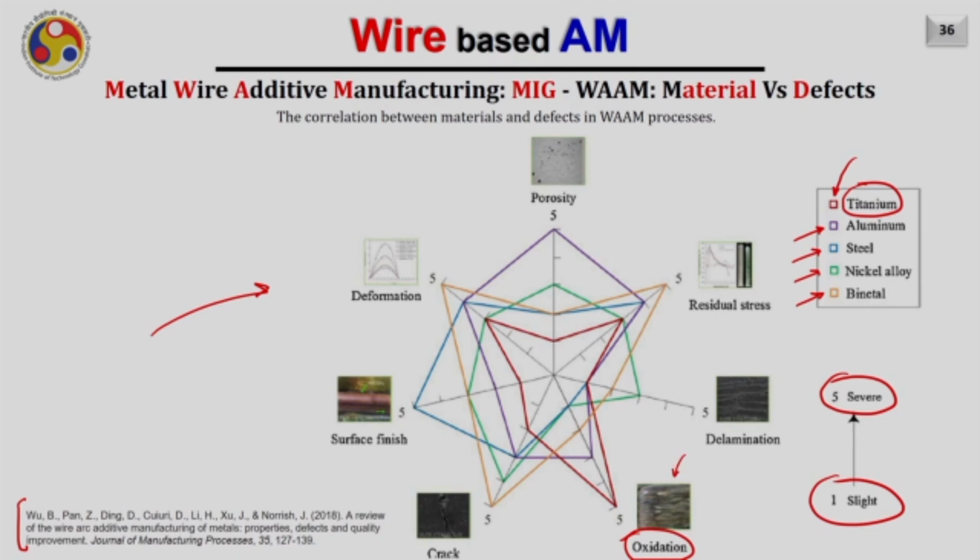Other than that, the issues such as delamination, residual stresses, deformation, porosities, surface finish and cracks are not as severe as oxidation in the case of titanium. However, different materials show different severity corresponding to different defects, and those can be further studied when you are going to deposit a new material.